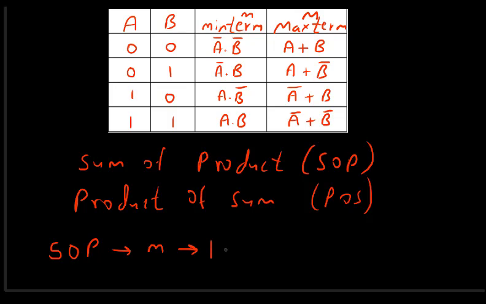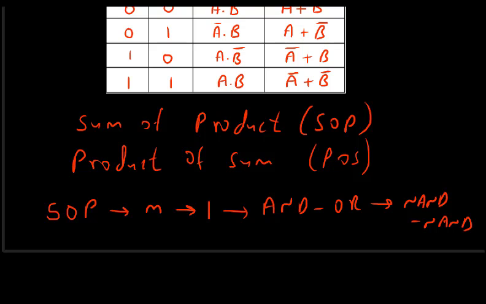For drawing this particular SOP equation, we require AND-OR logic, which is also equal to NAND logic. It can be easily shown that a circuit which contains AND-OR logic is similar to NAND logic. I will explain this after this.